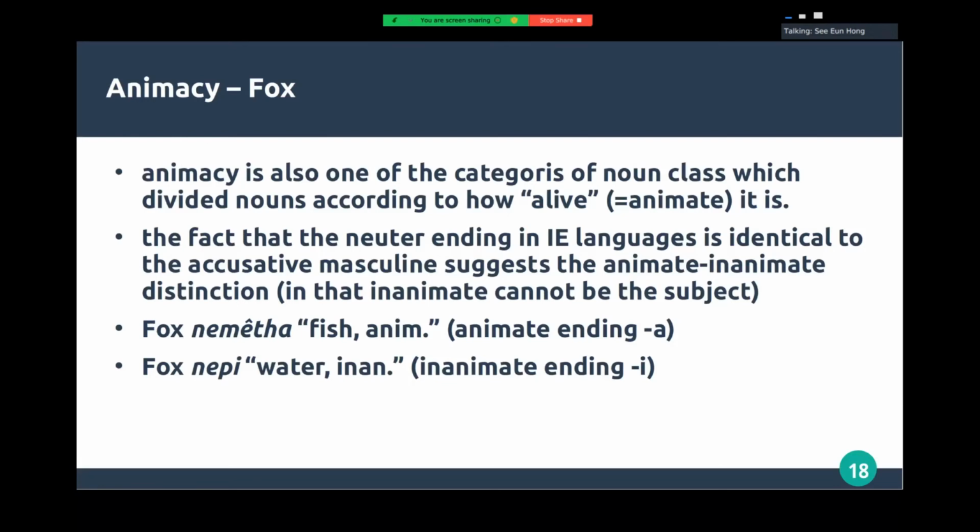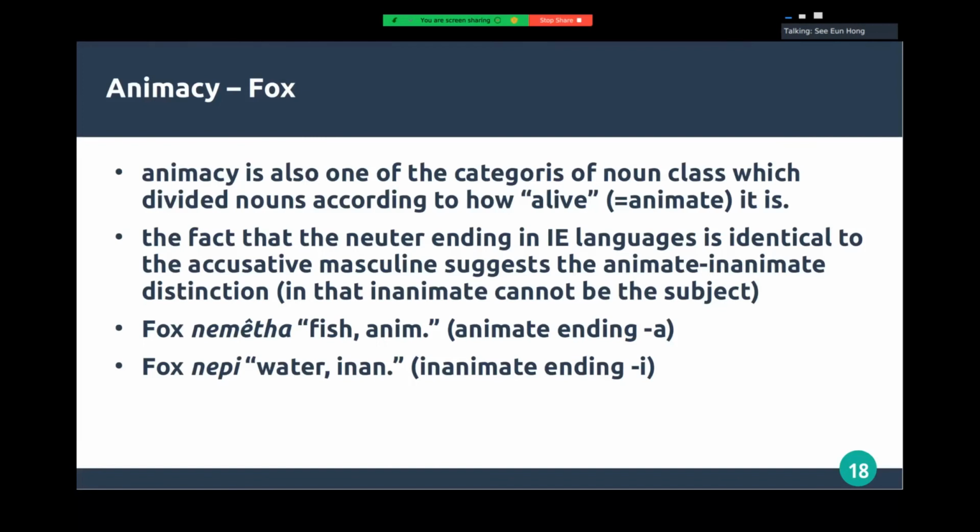And for now, let's look at the Fox language, which is one of the Native American languages. In Fox, the animate nouns all end in A. Inanimate nouns end with an I. So the word fish, which is animate, is nemetha with the A, whereas the word water is nepi with the I ending.